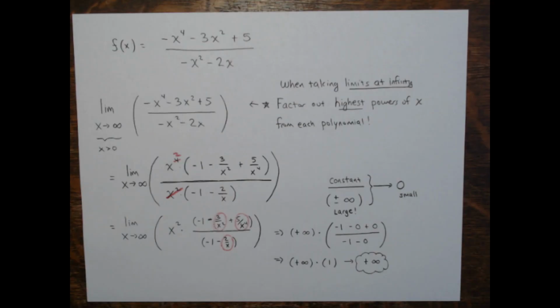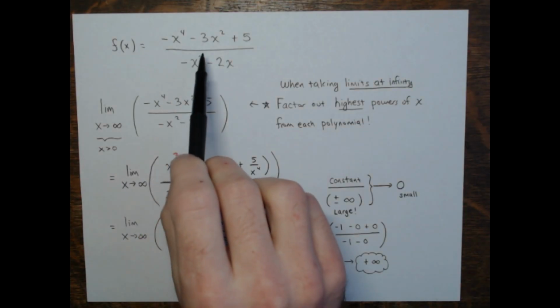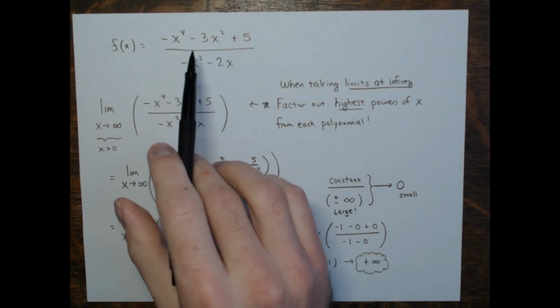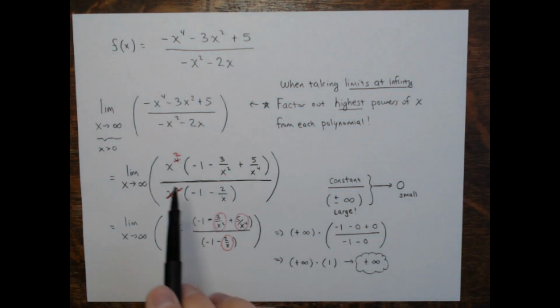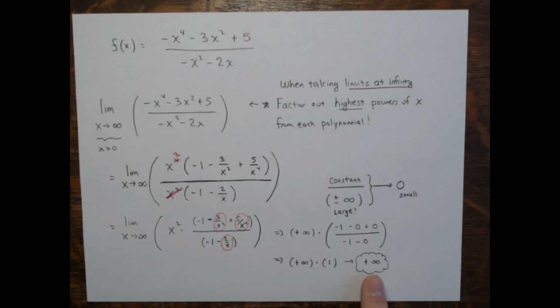This is an infinite limit, right? It has a limit of infinity. The value of this expression is getting larger and larger positively as you plug in bigger positive numbers. So you don't have a horizontal asymptote on the right end, is what this is saying.